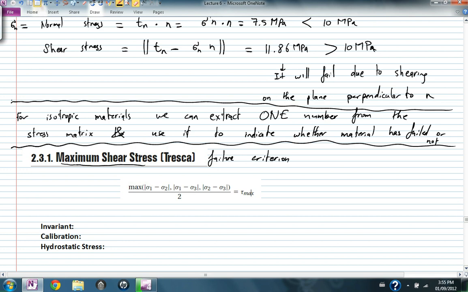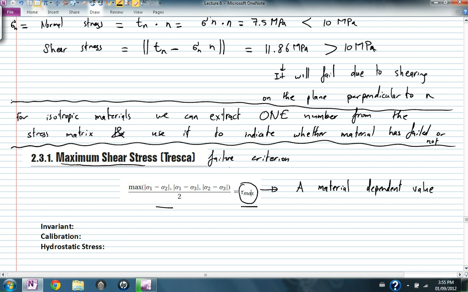Look at your stress matrix, find the maximum shear stress, which is the maximum between sigma 1 minus sigma 2 over 2, or sigma 1 minus sigma 3 over 2, or sigma 2 minus sigma 3 over 2, the maximum difference between the principal stresses, and compare the number that you get with a material dependent property. And if the actual stress reached that value, then your material is about to fail.